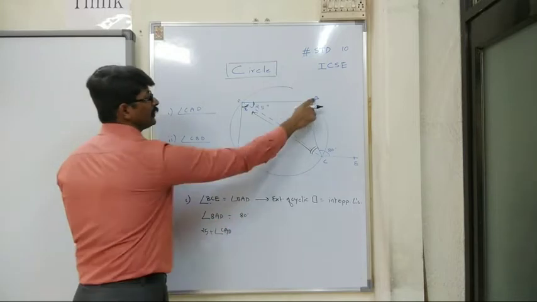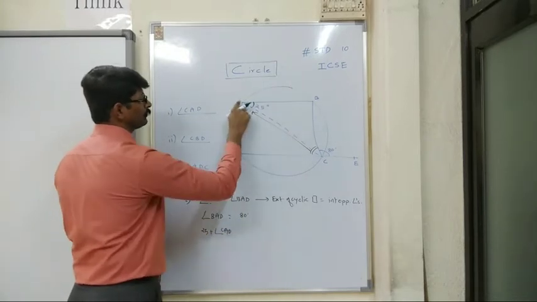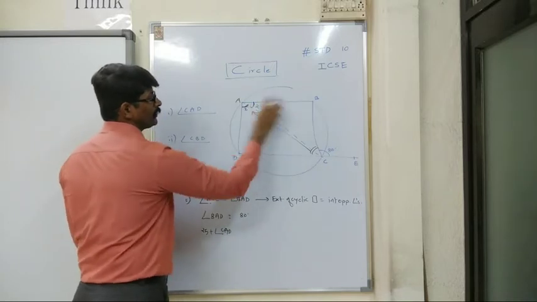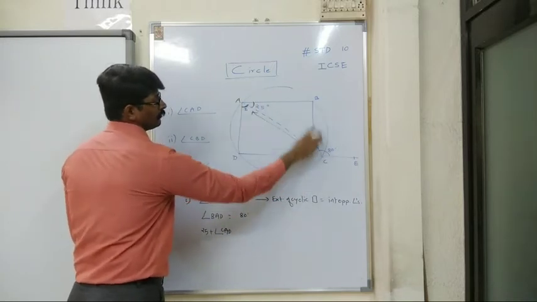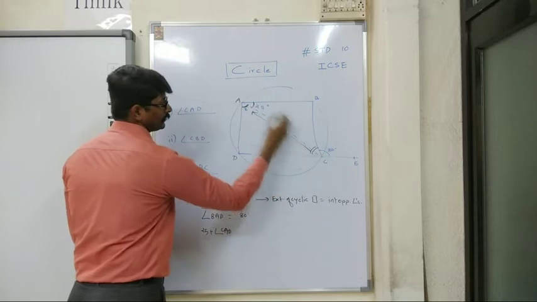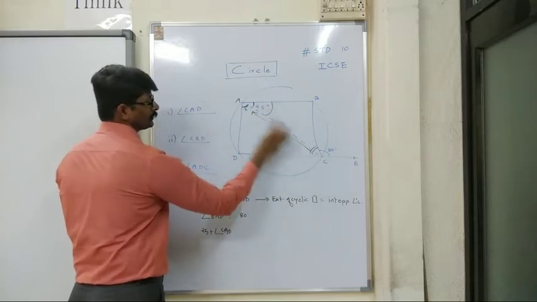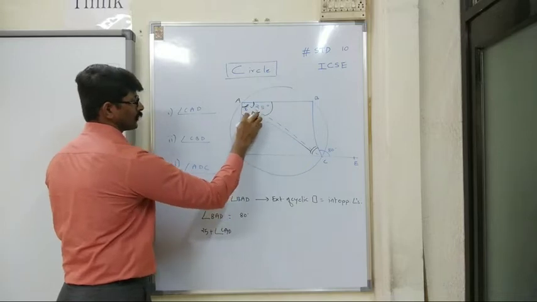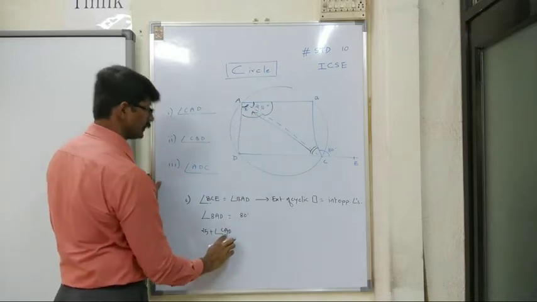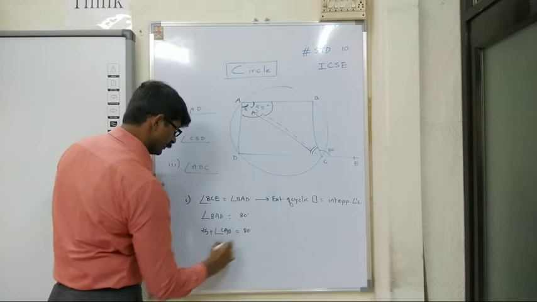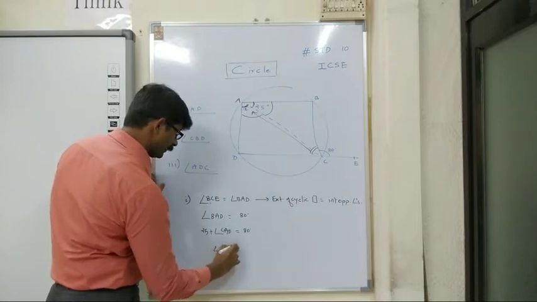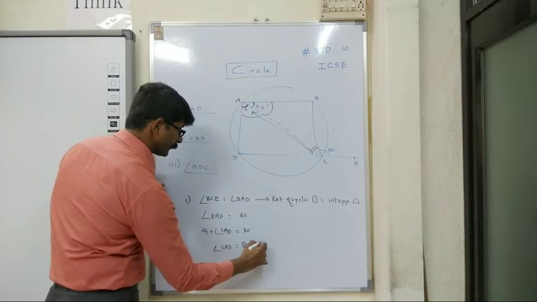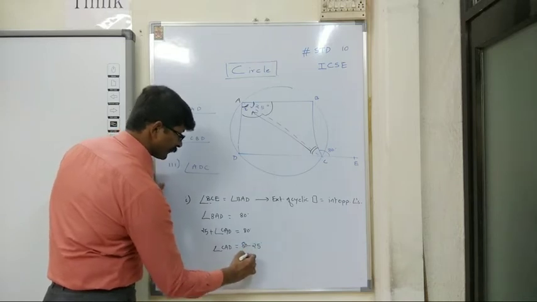Angle BAD is made up of BAC, this portion, plus CAD, this portion. So 25 plus angle CAD is 80. So angle CAD is 80 minus 25, so 80 minus 20 is 60, minus 5, 55 degrees.